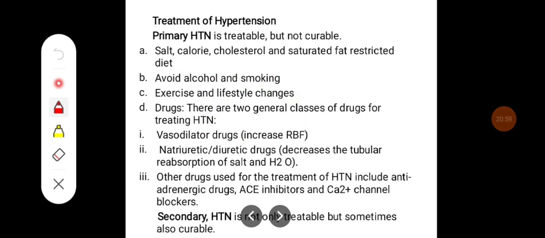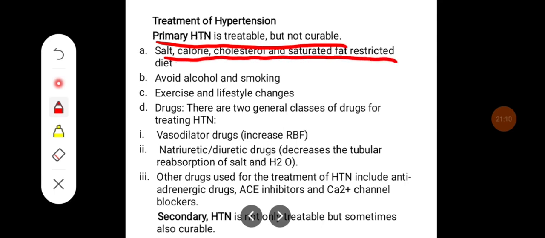The treatment of hypertension: primary hypertension is treatable but not curable. Some of the modalities are a salt, calorie, cholesterol, and saturated fat restricted diet, avoidance of alcohol and smoking, and modifying the lifestyle.